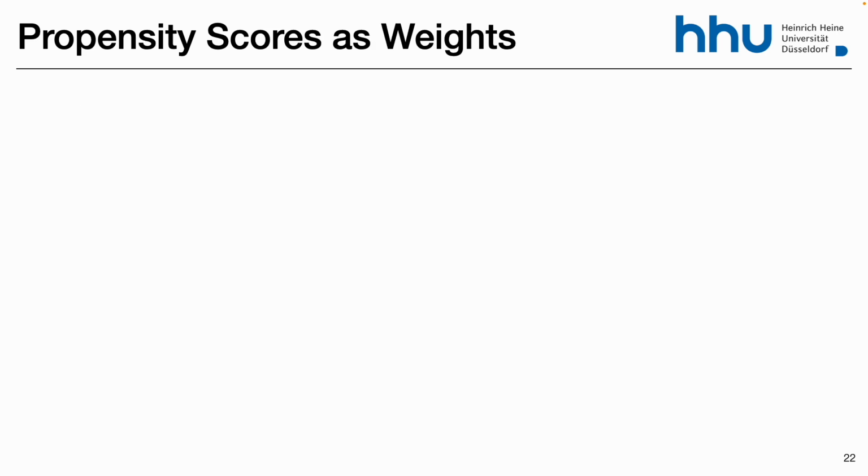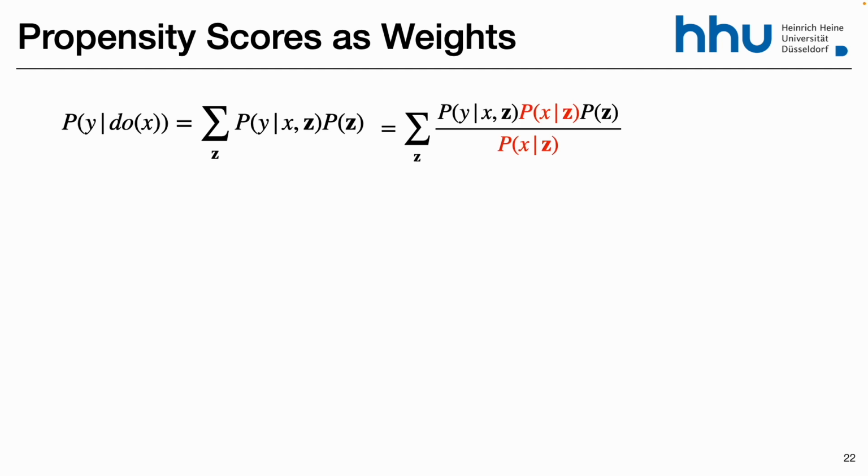Another interesting use of the propensity score is to use the scores to weigh the observations. Basically, the score is the probability of X given Z, right? That's the propensity score. And you can actually see how it enters in the distribution. The probability of Y given do X is given by this because of backdoor.